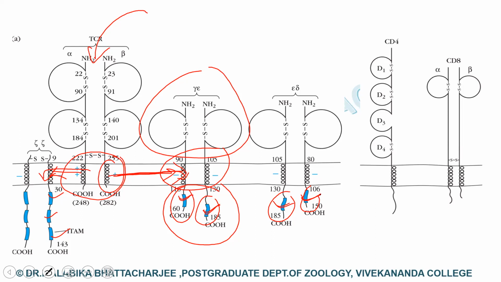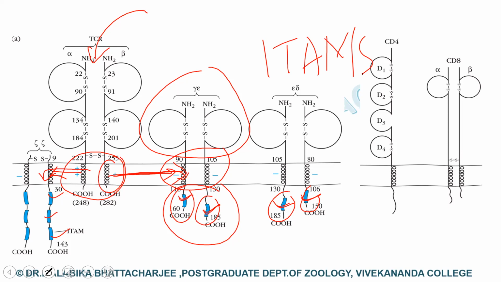So that is how, even though the TCR alpha beta chain does not have any cytoplasmic end, the signal from the TCR alpha beta is perceived by the negatively charged amino acids of the transmembrane region of the CD3 molecules, as a result of which the ITAMs present on the cytoplasmic tail of the CD3 molecules are activated.